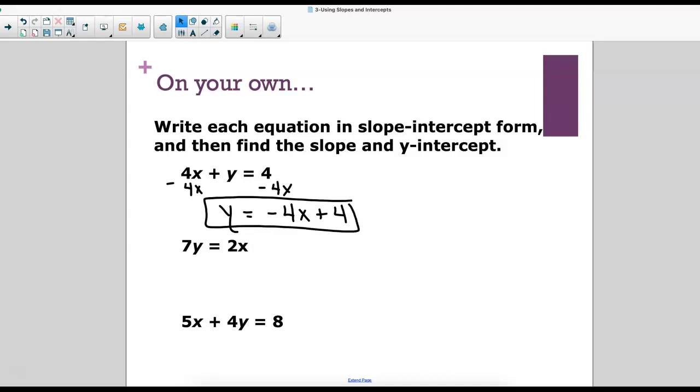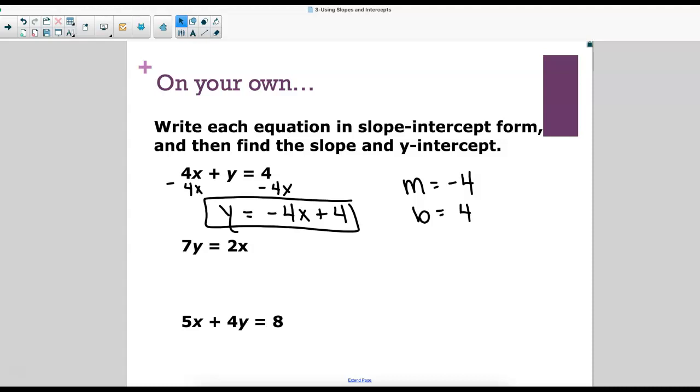There's slope-intercept form. What's the slope? So I'm just going to put m equals -4 because m stands for slope. B is your y-intercept, which is 4. Your slope and your y-intercept.